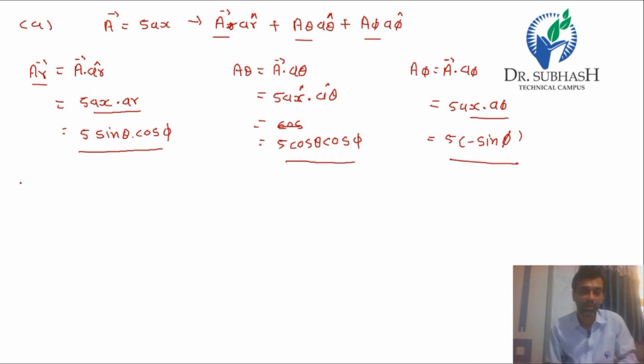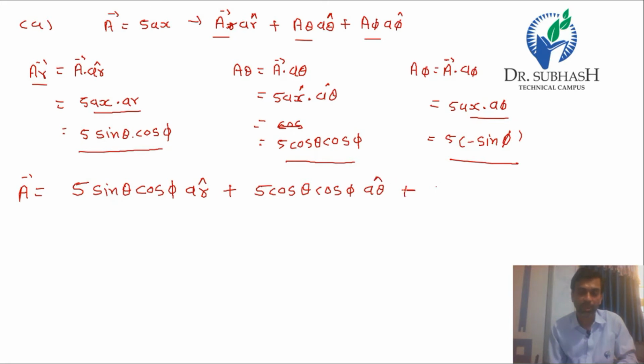Put these values into the general vector, and we get phi sin theta cos phi in AR direction plus phi cos theta cos phi in A theta direction minus phi sin phi in A phi direction.